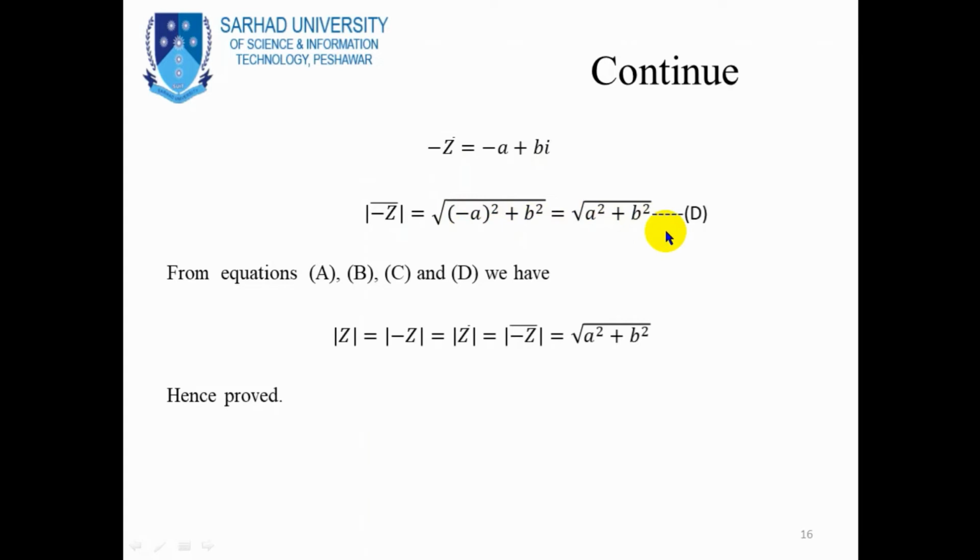Now this is equation number D. So from equations A, B, C and D, we have the relation: magnitude of conjugate of z is equal to magnitude of minus z is equal to magnitude of conjugate of z is equal to magnitude of conjugate of minus z, and all these are equal to square root of a square plus b square. So the relation is proved.